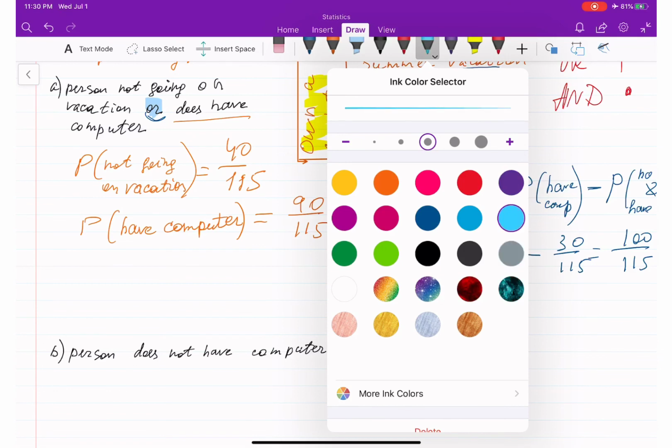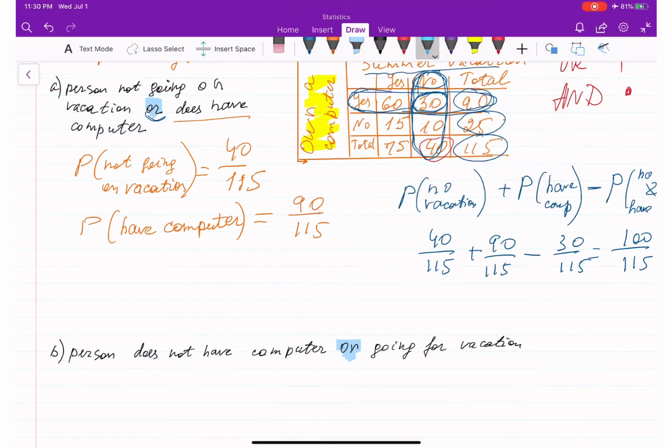Okay, I take this one. So doesn't have a computer, no computer here. So the total is 25, right? So what do we have? The probability of no computer is going to be the total that don't have a computer, which is 25, yes, over the grand total of 115.